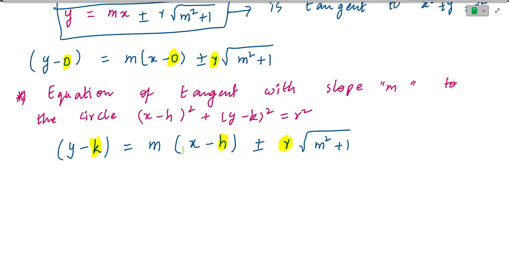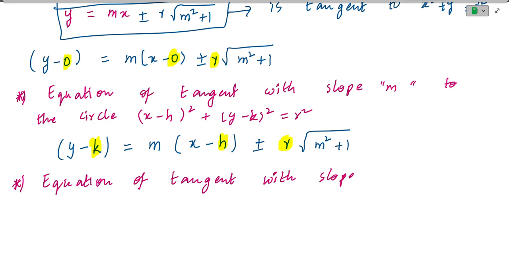So let me discuss one more format of the circle equation. Equation of tangent with slope m to the circle.